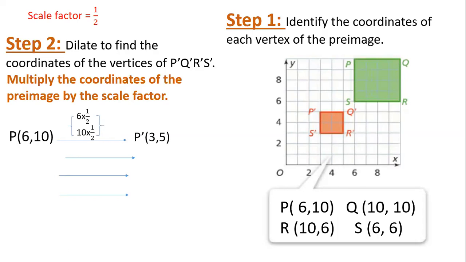Why? I will explain why. Because here 6 is like 6/1. So we multiply numerator by numerator, denominator by denominator, yes? So it's going to be 6 times 1, 6, and 1 times 2, 2. So 6/2 equals 3.